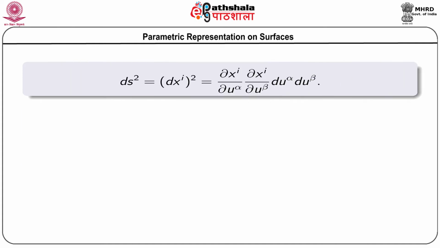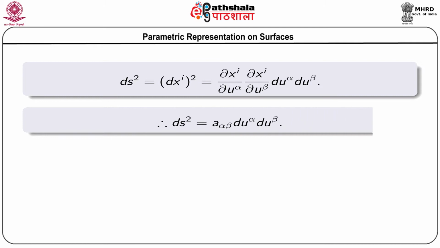Now, ds², if we want to measure anything on that surface, so ds² equals (dx^i)², and that can be expressed as ∂x^i/∂u^α ∂x^i/∂u^β du^α du^β. α and β are the dummy indices and the summation is done over α and β.